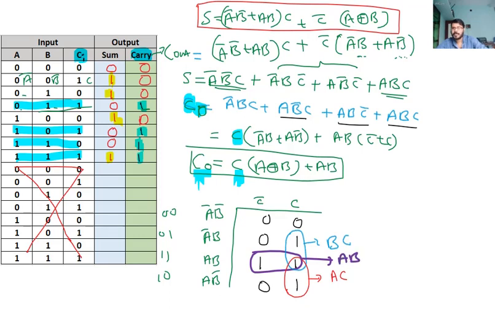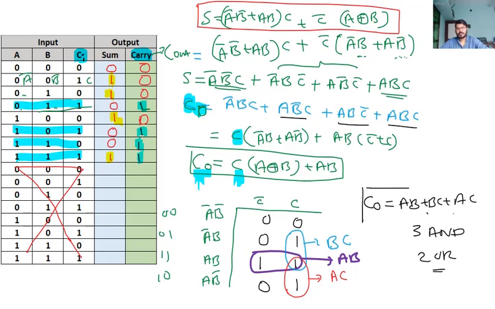So the sum of product expression for carry C out is equal to AB plus BC plus AC. Okay. Now in order to make this circuit, we only need three AND gates and two OR gates. So C out is determined in a much simpler expression using K map.